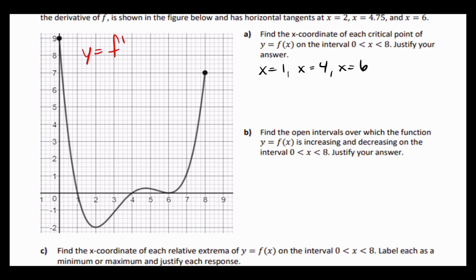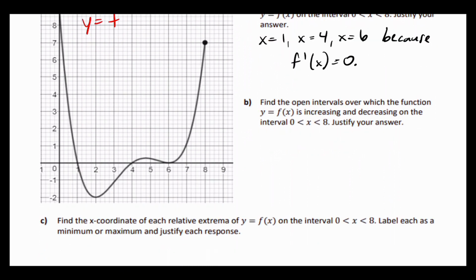Good. That's the answer. Now for our justification, we say that it's critical values because f prime is 0. We didn't have any undefined points on this graph. So we say because f prime of x equals 0. That's our justification.